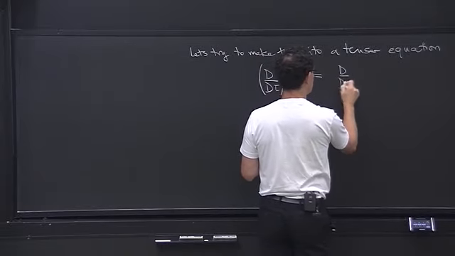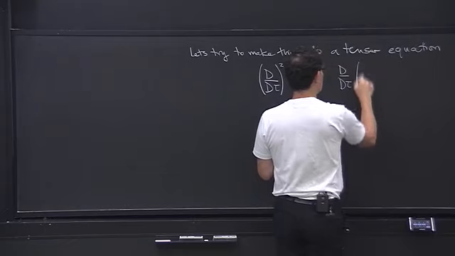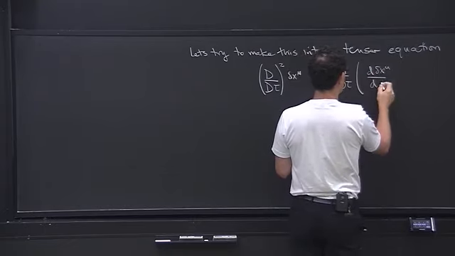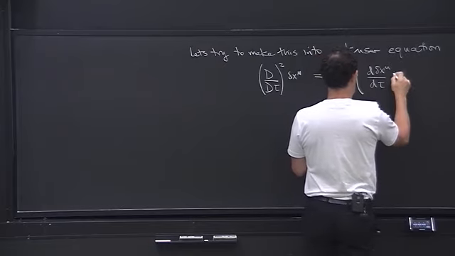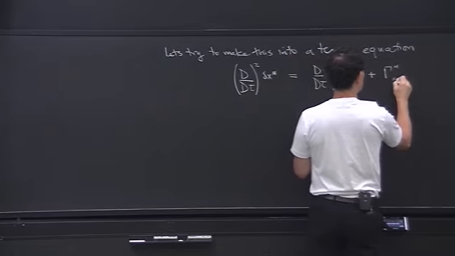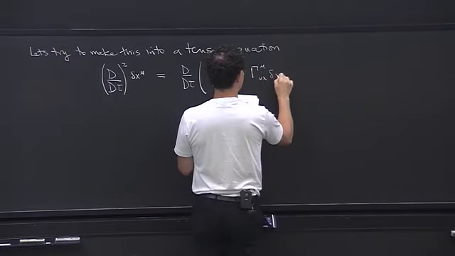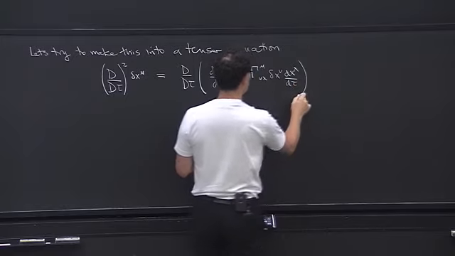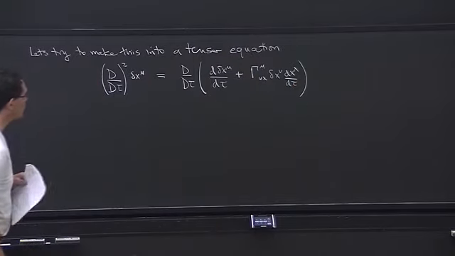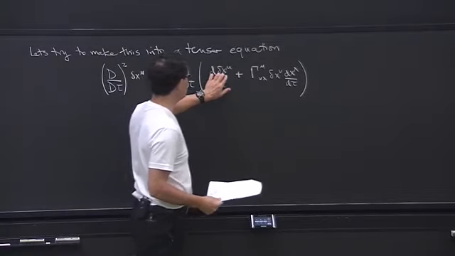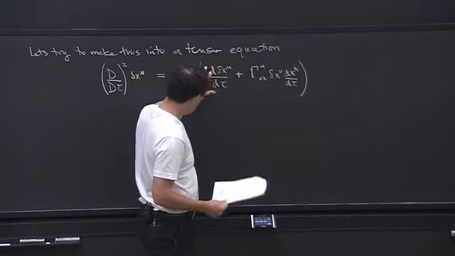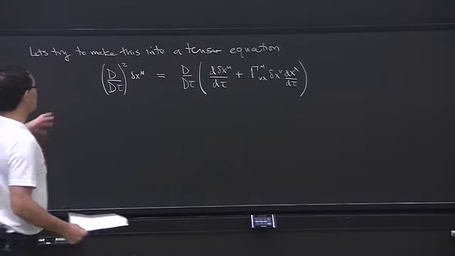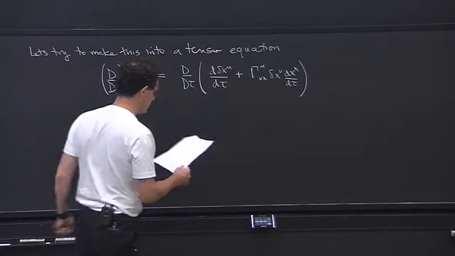Well, it's covariant derivative, d by d tau, of the covariant derivative, right? That was the definition of a covariant derivative of some quantity, some vector. Delta x mu is a vector. The covariant derivative of the vector along the curve is given by this. Now I have to work out the covariant derivative of this.